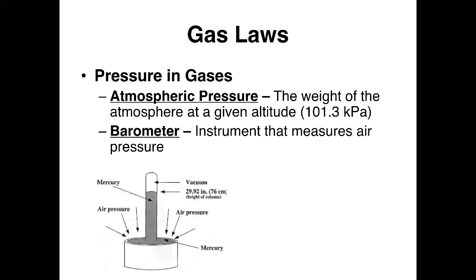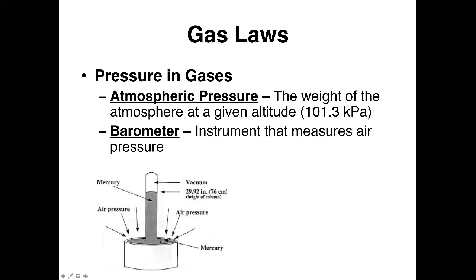So here's a barometer, and this is how a barometer works. The air pressure pushes on this pool of liquid, in this case mercury. This area here has no atmosphere at all. The pressure in here is zero.